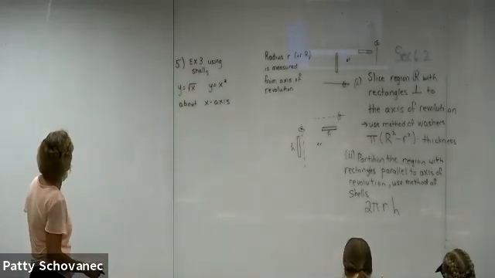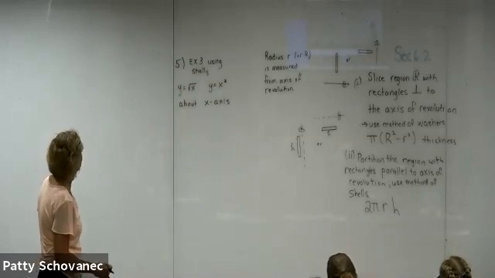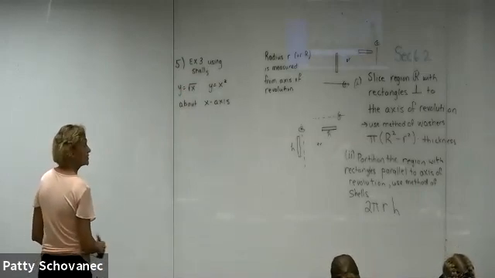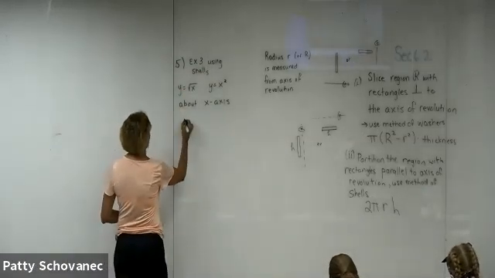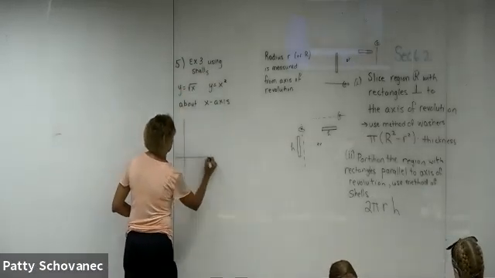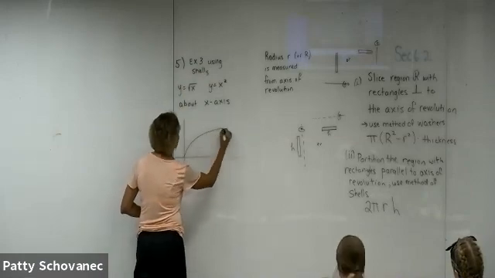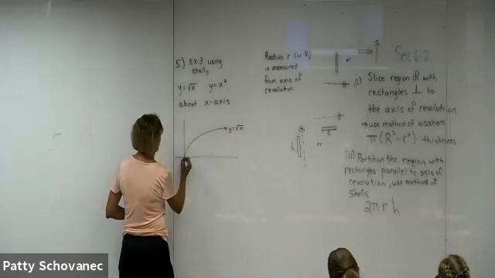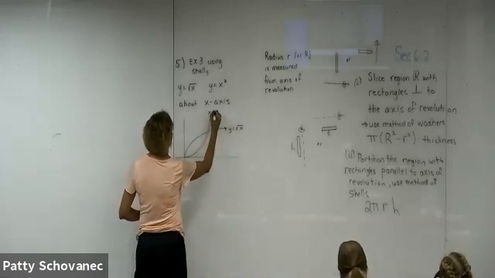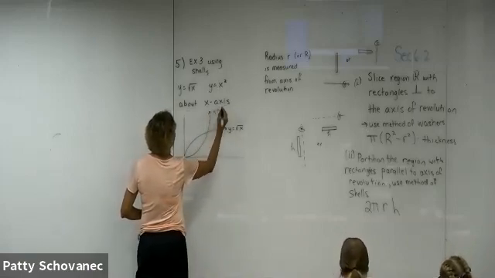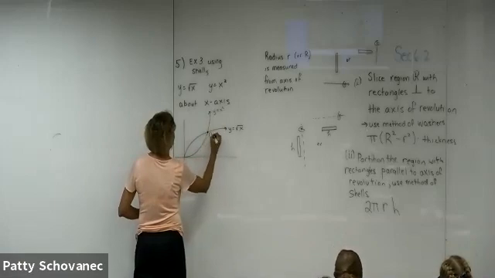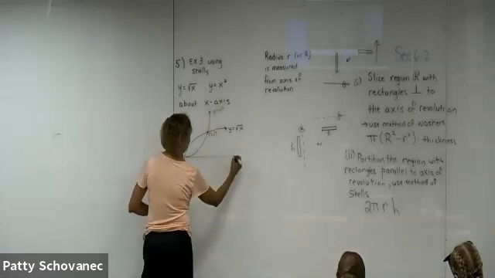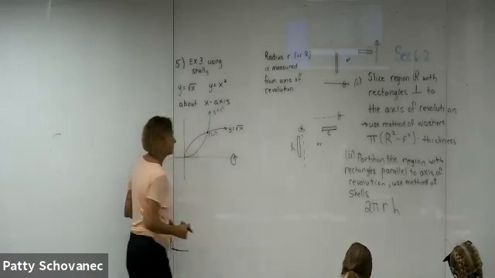This time we're going to do it with shells. So y equals the square root of x and y equals x squared was that little cigar-shaped region in the first quadrant. Here was y equals the square root of x, y equals x squared opened upward. They intersected at the ordered pair (1, 1), and we're revolving about the x-axis.